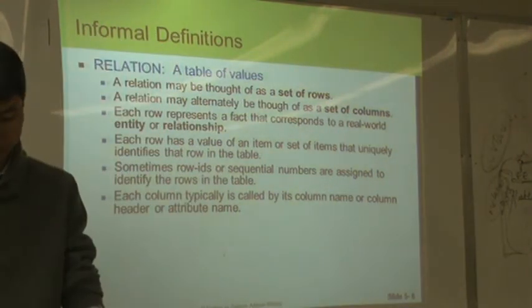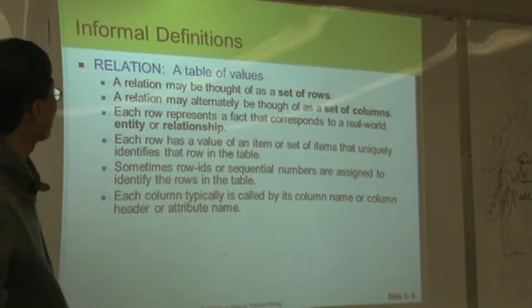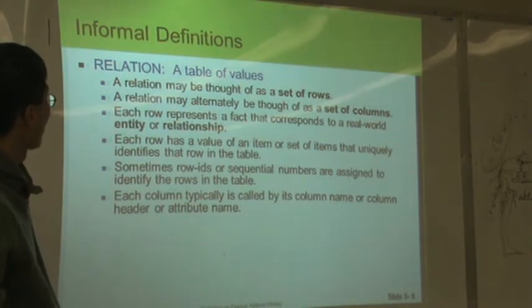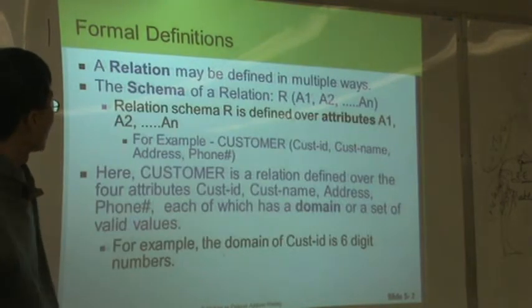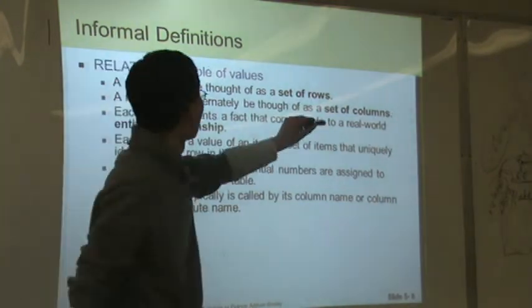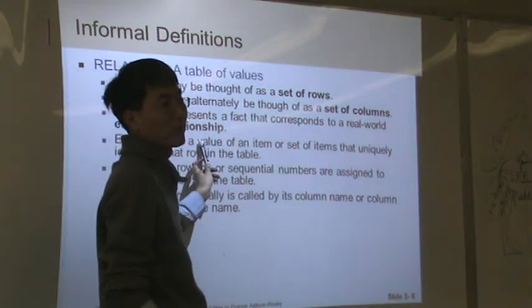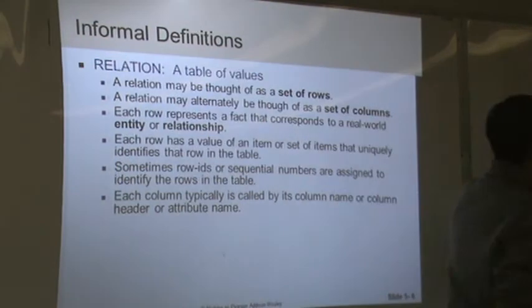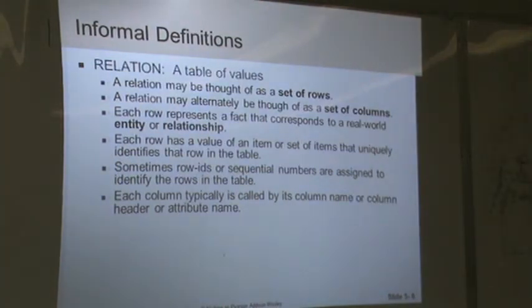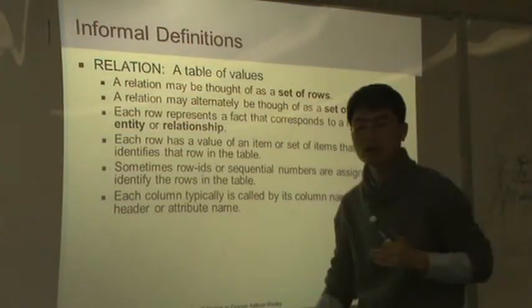Okay, so this is the definition of the relation. In terms of the ER model, it's an entity or relationship. We will see how to map the real-world ER model and the relational model, how to bridge it. How to map, next class on Thursday.